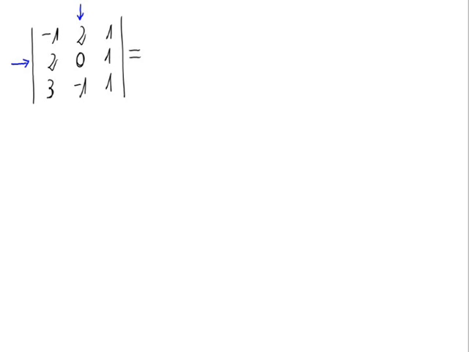In the second column, we have the following elements that occupy the positions. The 2 would be 1, 2. The 0 would be line 2, column 2, and the -1 would be line 3, column 2.